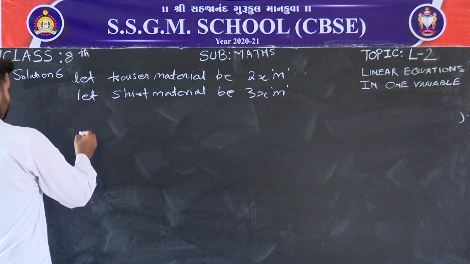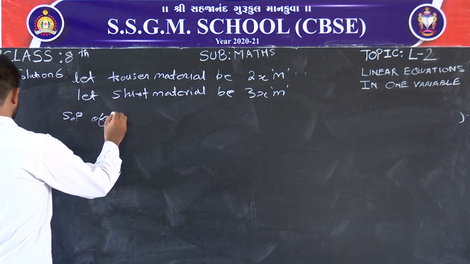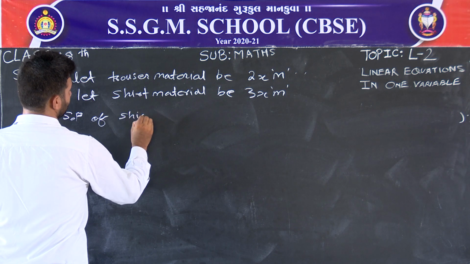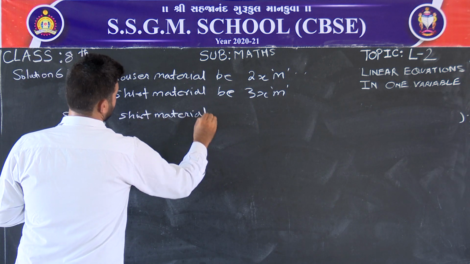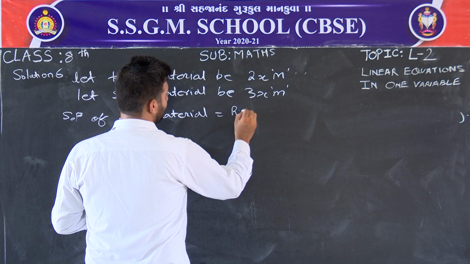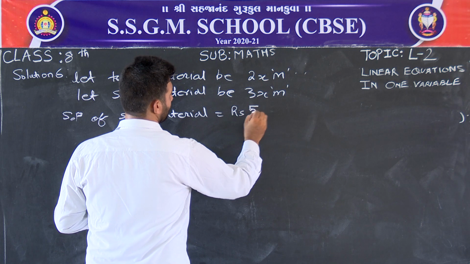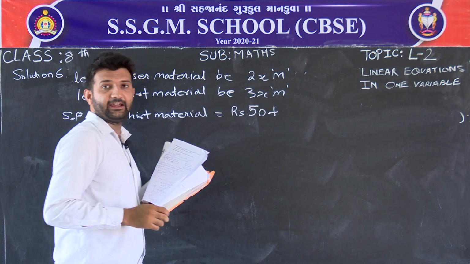So selling price, SP stands for selling price, of shirt material will be equal to rupees 50 plus, here we add 12% extra.